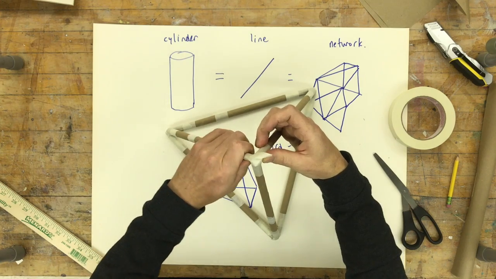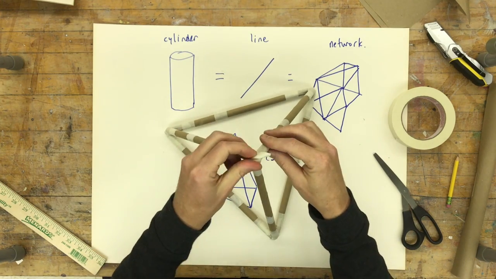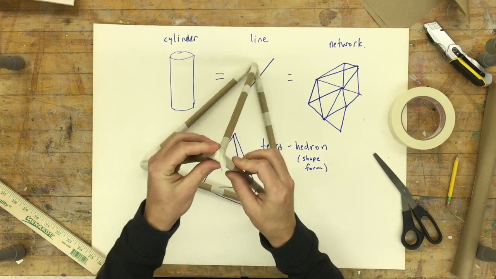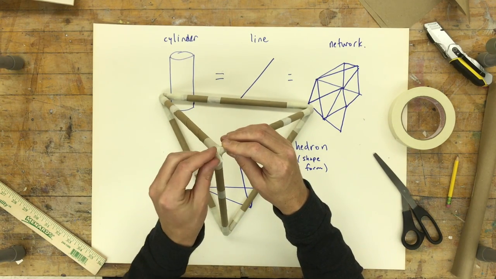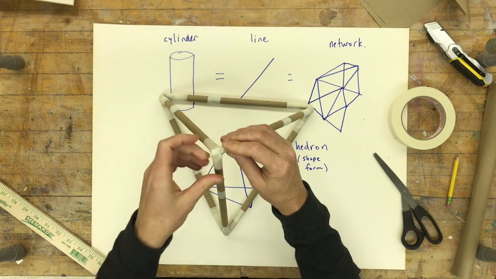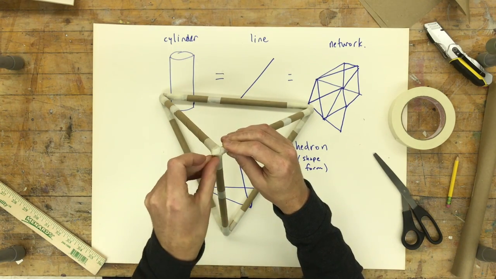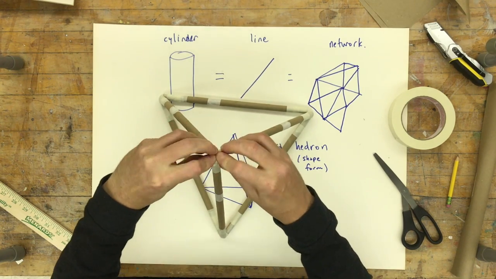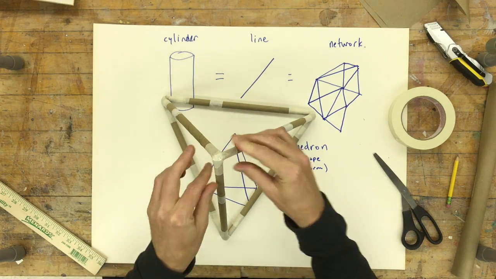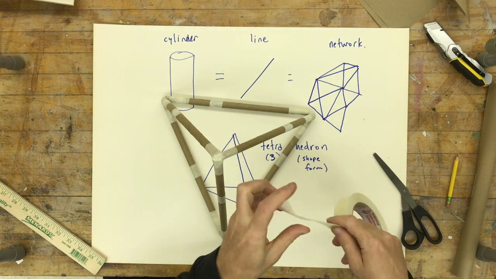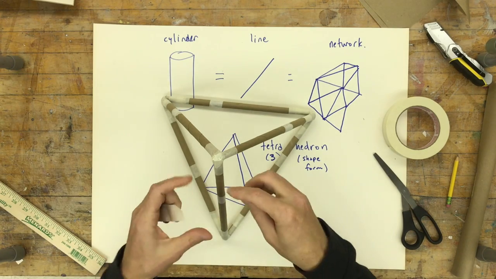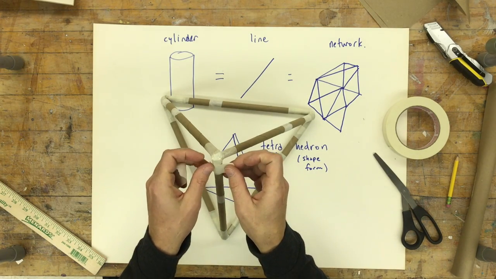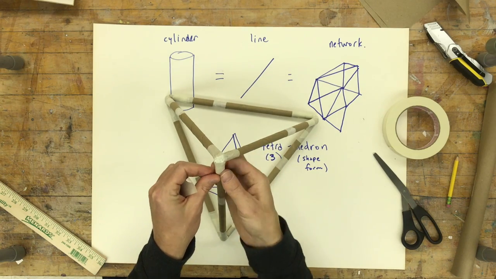And wherever three linear elements, wherever three lines are coming together, the joinery can be a little bit challenging. The joint can be a little bit tough. So we'll just kind of push that all down, kind of crush that down. And of course, this is good practice. We'll wrap each one of those there.